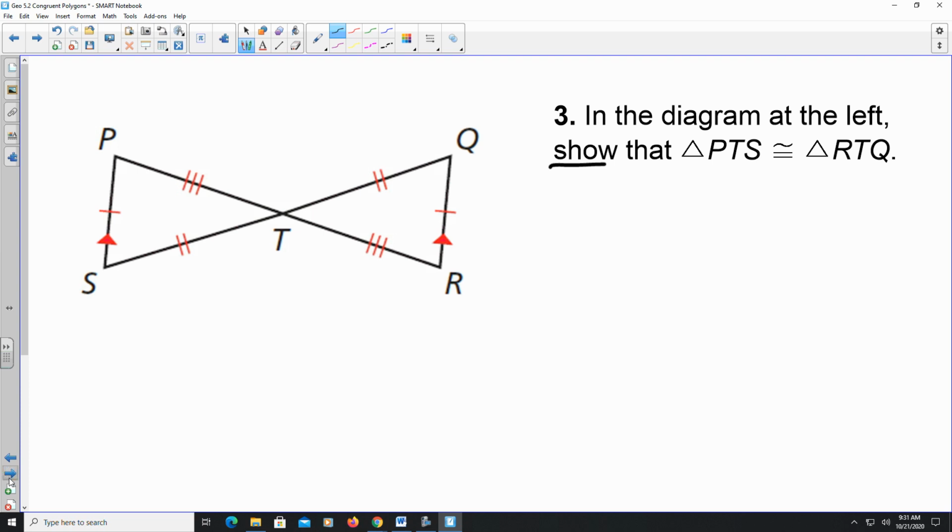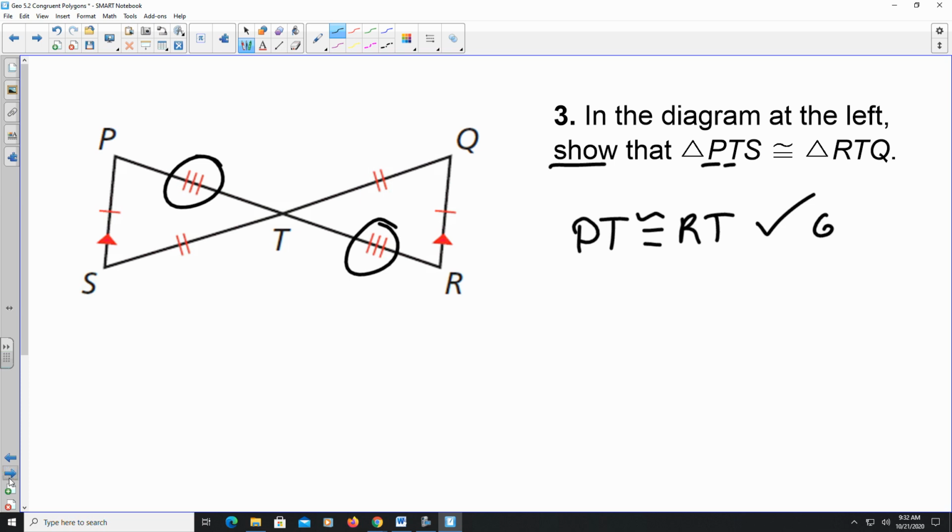Since all they gave us was congruent sides, I want to see if all three corresponding sides are in fact congruent with respect to the order in the congruency statement. So just by looking at this, first and second, I got PT. I want to see if that is congruent to RT. So when I look here, PT is 3. Does RT have 3? Yes, it does. So I can check that off and say those are congruent because it's given.